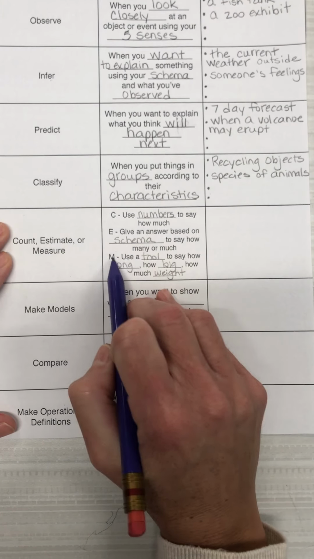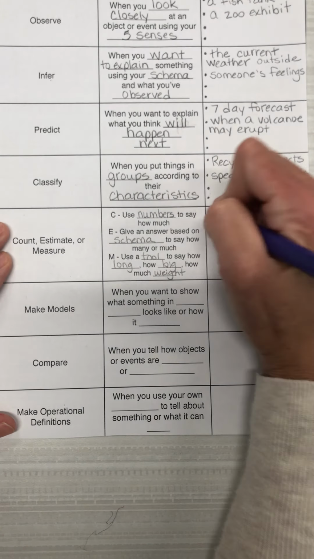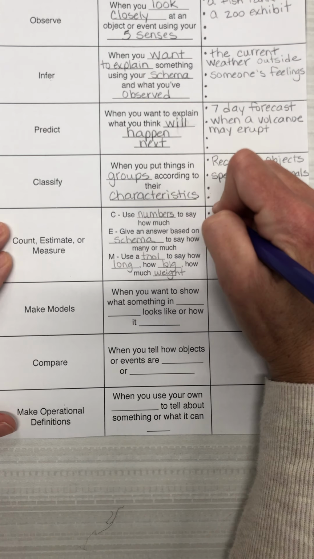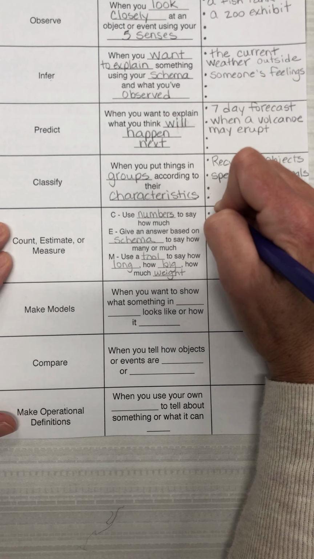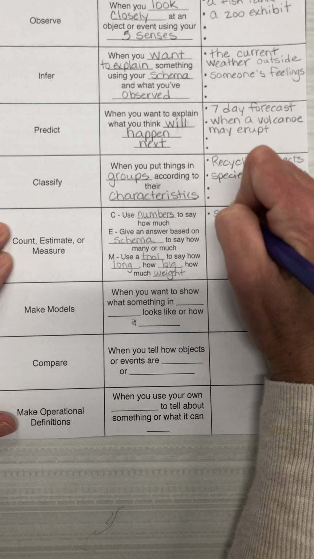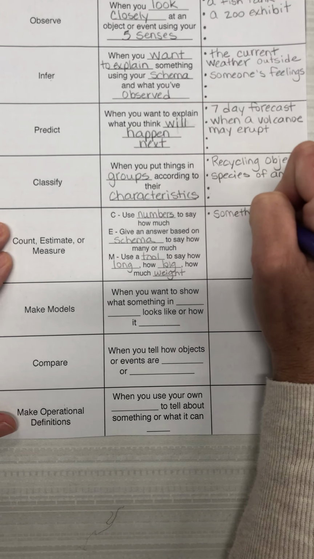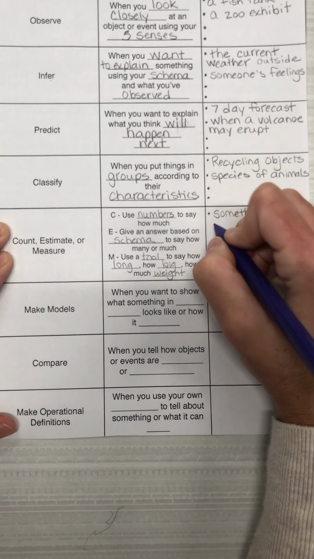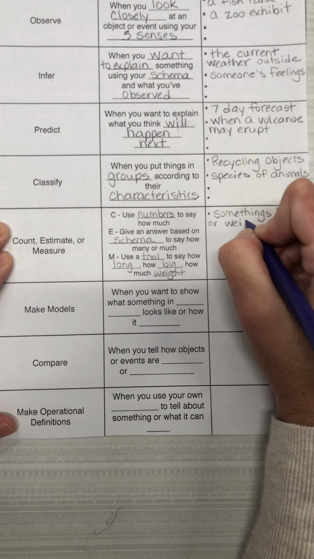So count, estimate, measure. So what are some things in science we might count, estimate, or measure? We might measure someone's, or something's, height or weight.